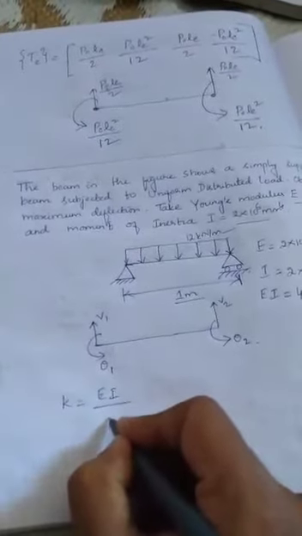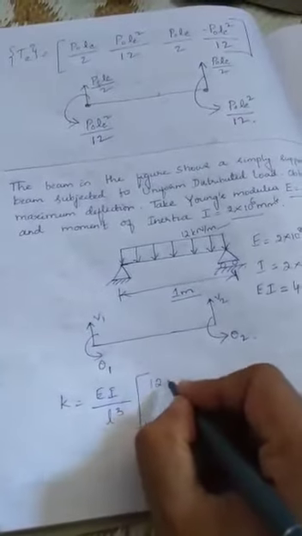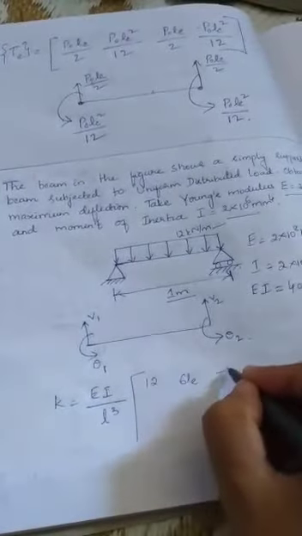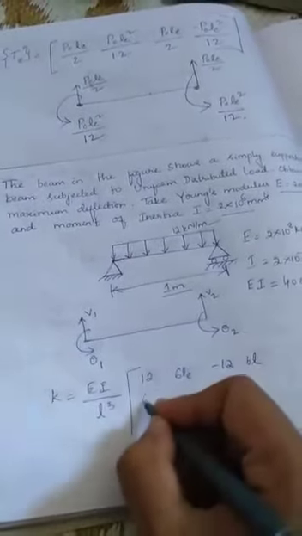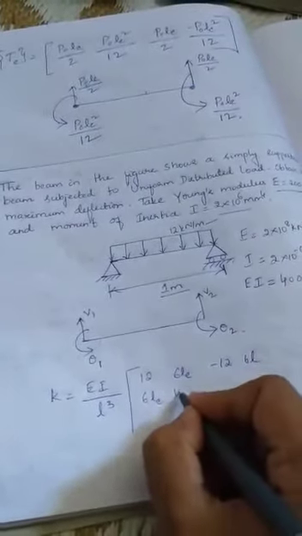E into I over L cubed, times the matrix 12, 6 Le, minus 12, 6 Le; 6 Le, 4 Le square, and so on.